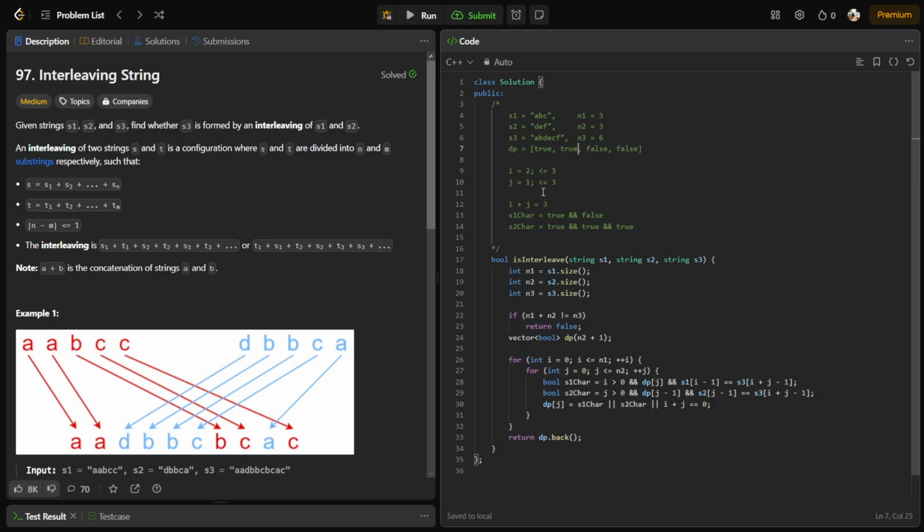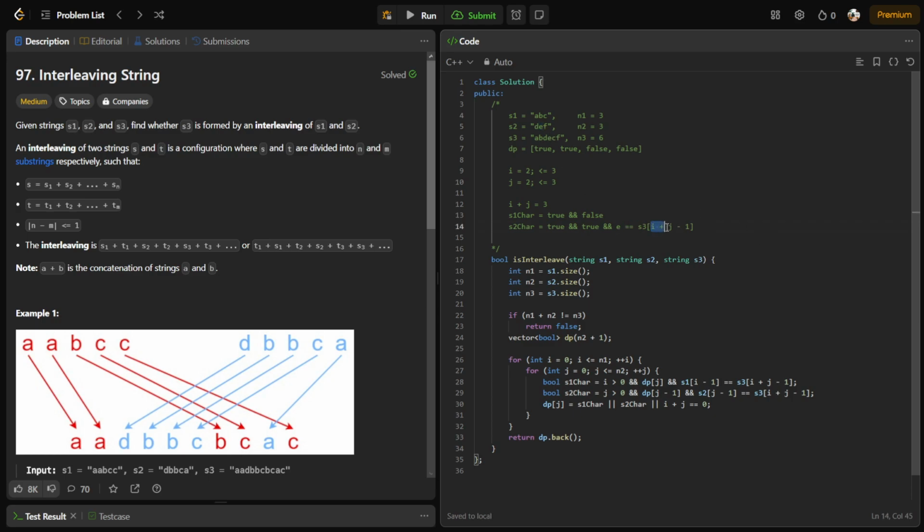Okay, now we increment j to 2, and yep, let's do the same thing. dp[i-1][j] is false, so we don't need to check for that. dp[i][j-1] is true. What about this? j is 2, 2 minus 1 is 1, s2[1] is e.